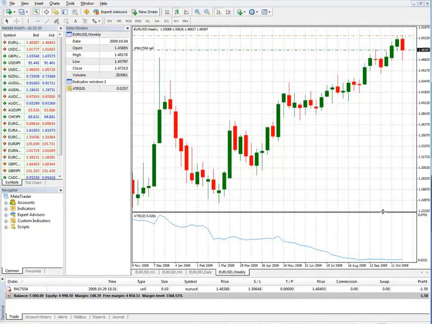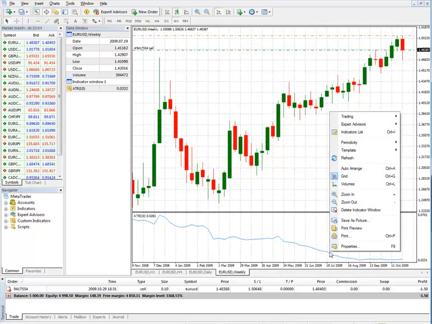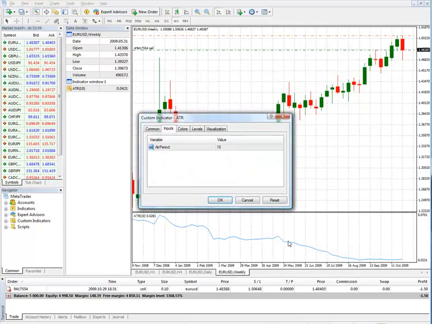Okay, so here's a way to determine range too when you're looking for places to set your stops. You go to ATR down here, go to your indicator list. There's ATR, and set that period to 1.